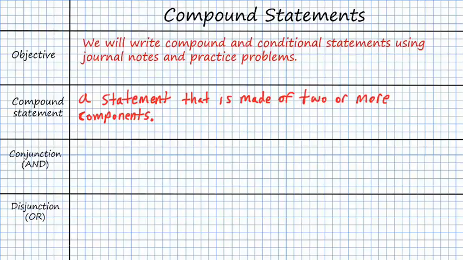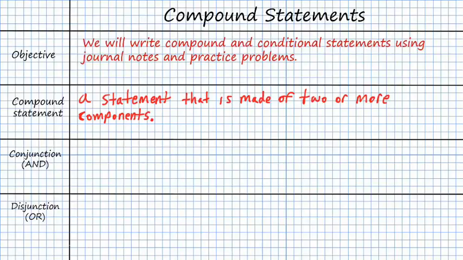And you might say, Mr. Fox, we already learned about a statement that is made of two or more components, and that was our conditional statements, and you're right. A conditional statement is a type of compound statement, but they're very special, so we talk about them by themselves.